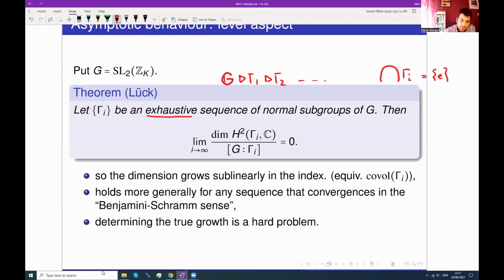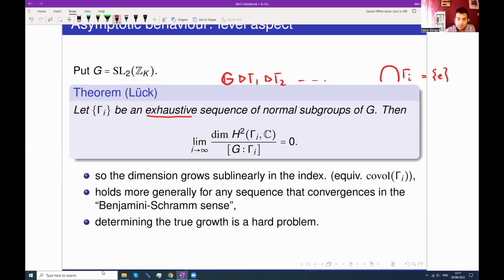So the result of Lück is that you look at these dimensions of complex cohomology, or you can see maybe the second Betti number of the associated hyperbolic 3-manifold. And if you normalize that with the index, those ratios will converge to 0. So this means that the dimension growth compared to index growth is smaller, and then you go to 0.